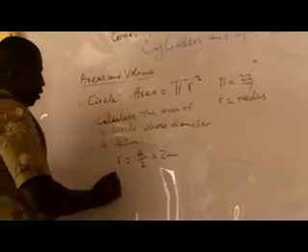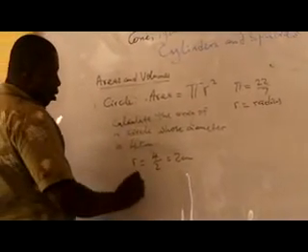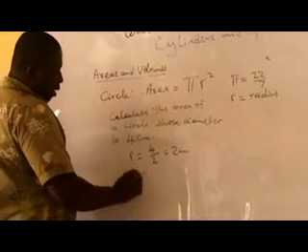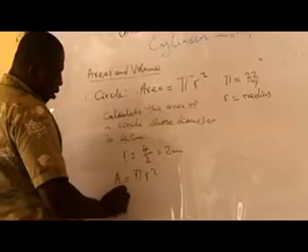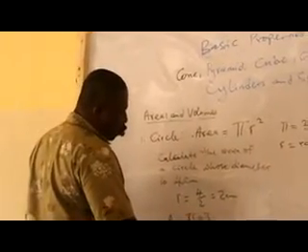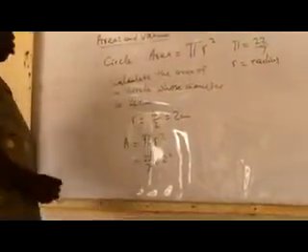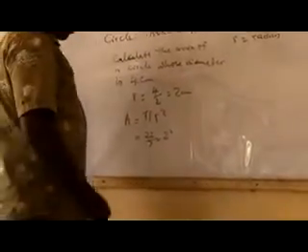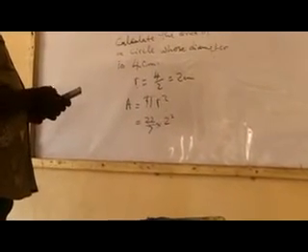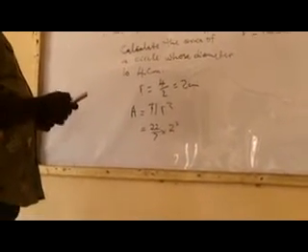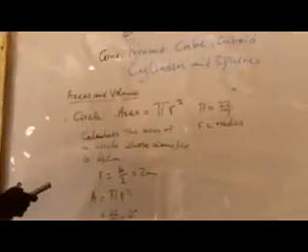So the area of this circle is pi r squared, that is area equals 22/7 times 2 squared. 2 squared is 4. So when you use your calculator, you multiply out 22 divided by 7, then times 4.